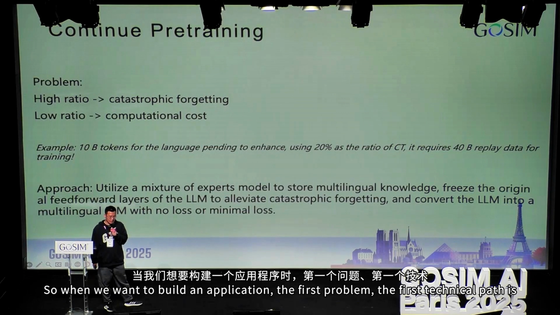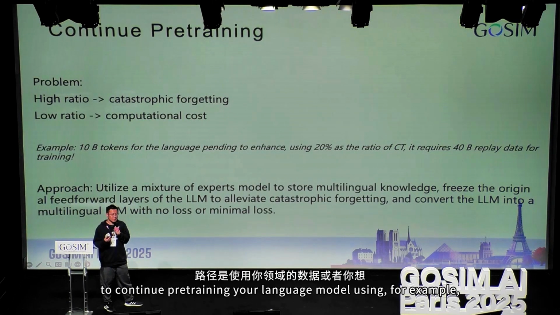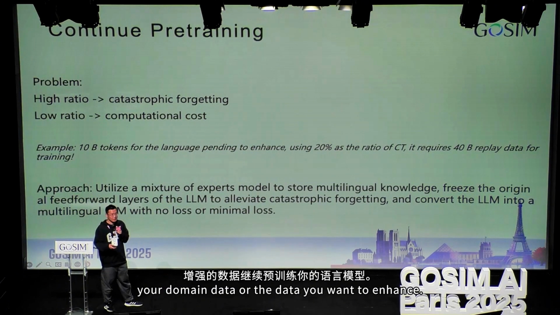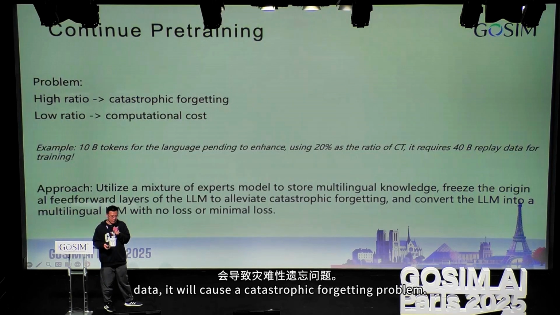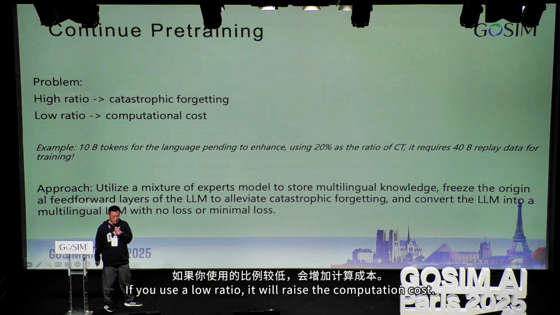the first technical path is to continue pre-training your language model using, for example, your domain data or the data you want to enhance. However, the problem is when you use a high ratio for the new data, it will cause a catastrophic forgetting problem. If you use a low ratio, it will raise the computation cost.